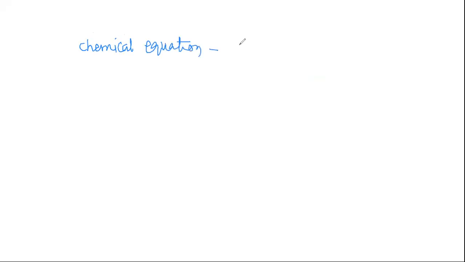A chemical equation has reactants, arrow, and products. These are the three things that are involved in the chemical equation.